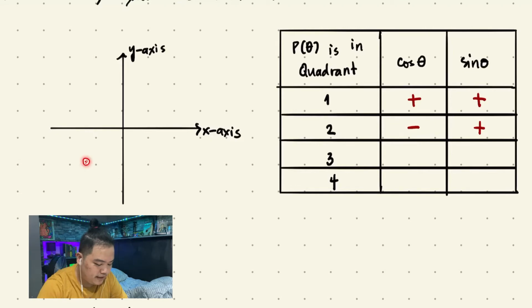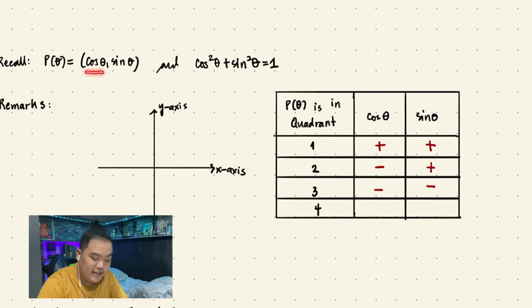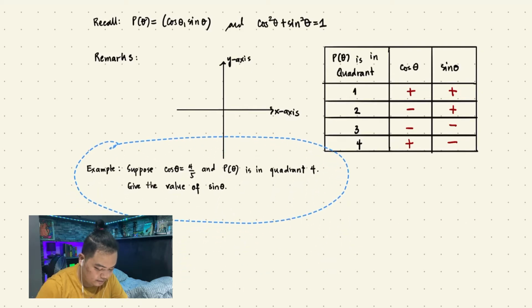If your P of theta is in quadrant 3, so yung x-coordinate mo ay negative, ang y-coordinate mo ay negative rin. And if P of theta is in quadrant 4, x is positive, y is negative. So cosine is positive and sine is negative. So positive, negative siya.